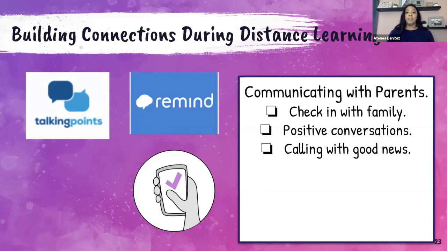Because that's not a positive conversation that I want to have with the parent. I go into it asking, oh, how's your student doing? Are you having any internet connection problems? Are you having any technology problems? And once they say, oh, no, we're good, I bring up, oh, well, it's interesting, he's missing a couple of assignments, and I was quite concerned about it. So that's kind of how I start my conversations.